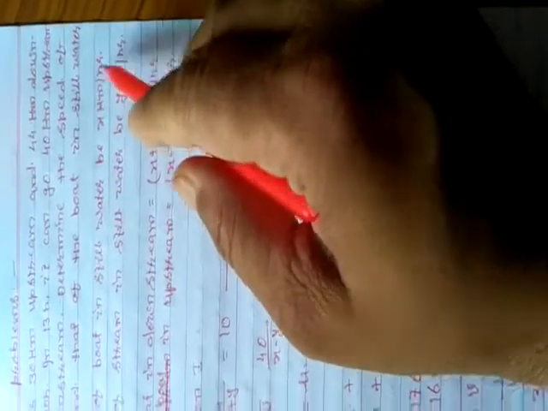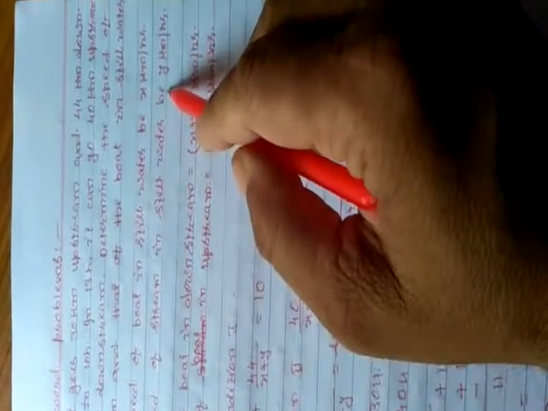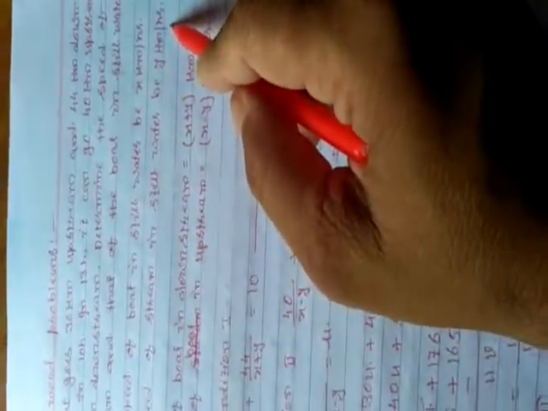First of all, we should assume whatever is to be found. In this question, we have to find the speed of the boat in still water and the speed of the stream. So first we assume let the speed of the boat in still water be x km per hour, and the speed of the stream be y kilometer per hour.